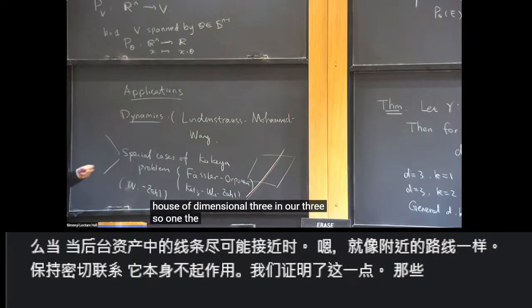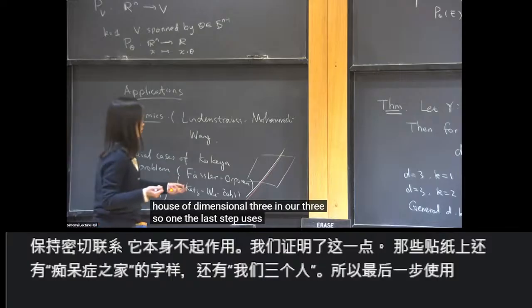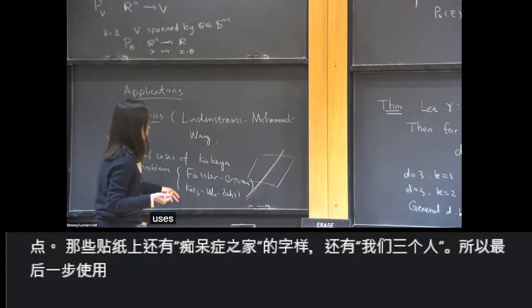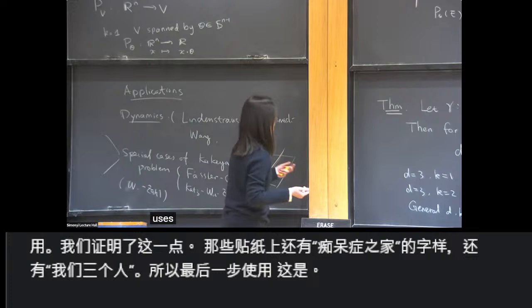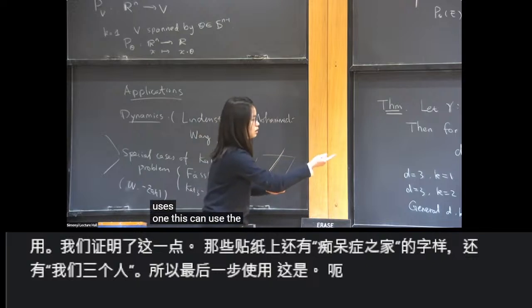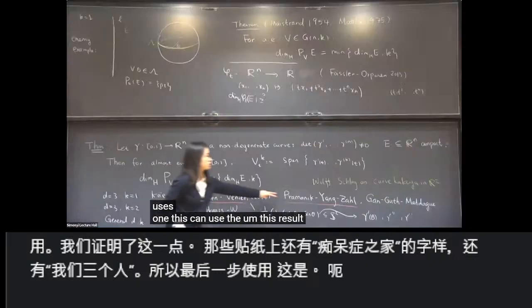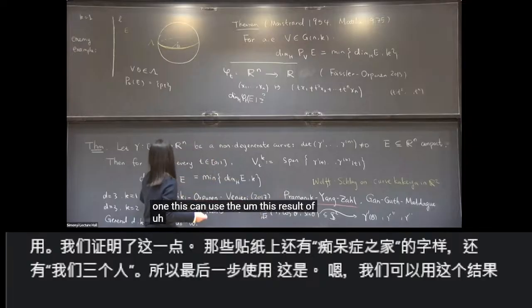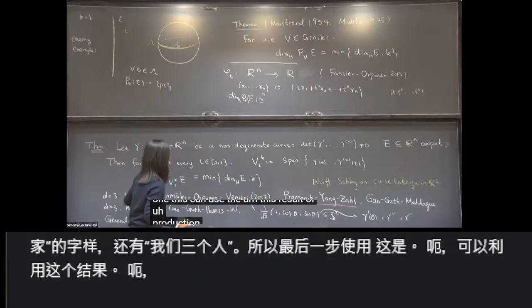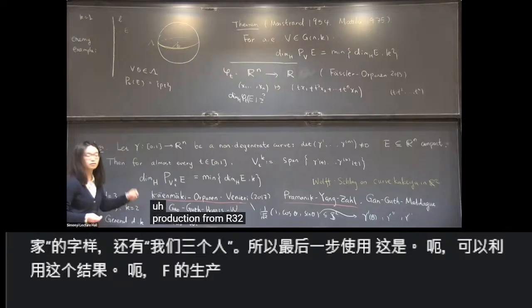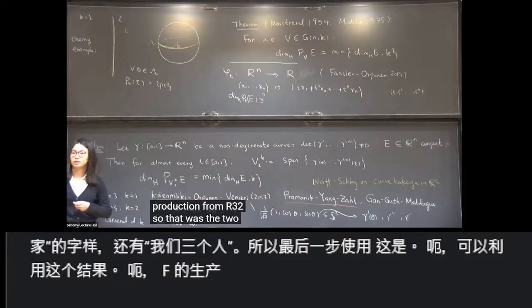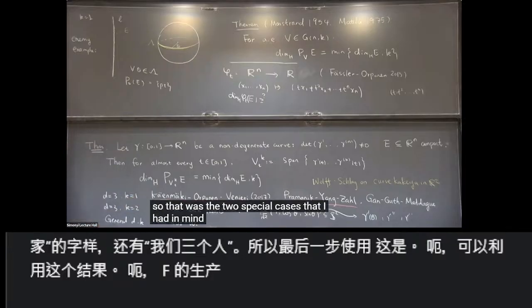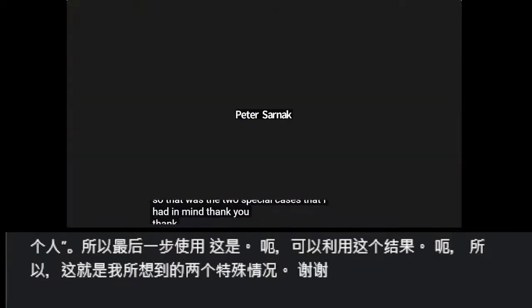So the last step one can use this result, the projection from R3 to R. So those were the two special cases that I had in mind. Thanks. Okay, thank you for the question.